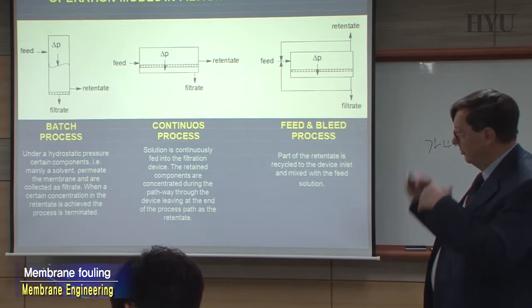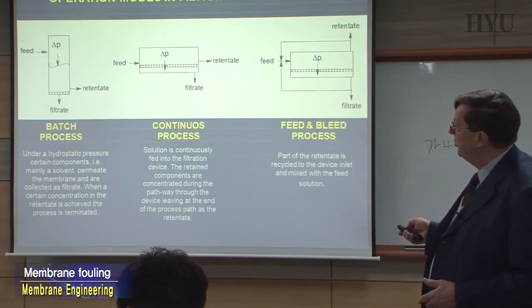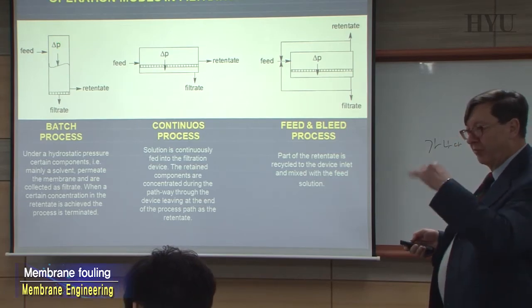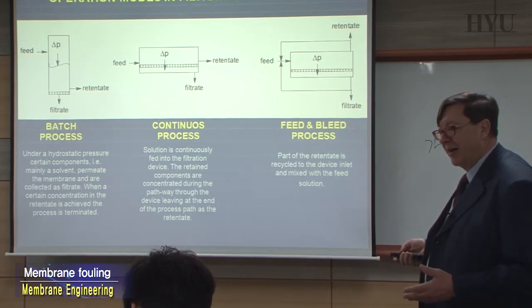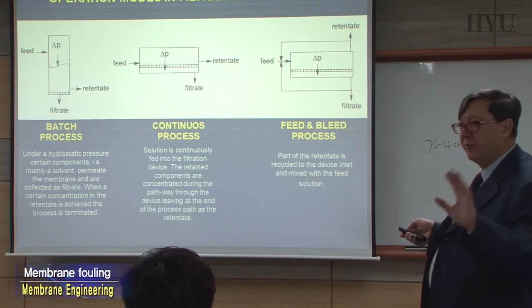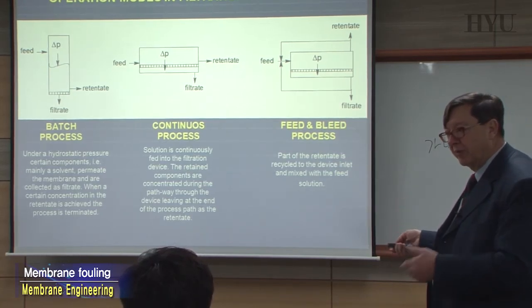You have 5 cubic meters of solution to be treated, you put it in the system, you filter, and eventually, to minimize the formation of big fouling problems, you just stir the system, etc., but it's a batch. When the 5 cubic meters are finished, you have to start again, and you put in another 5.